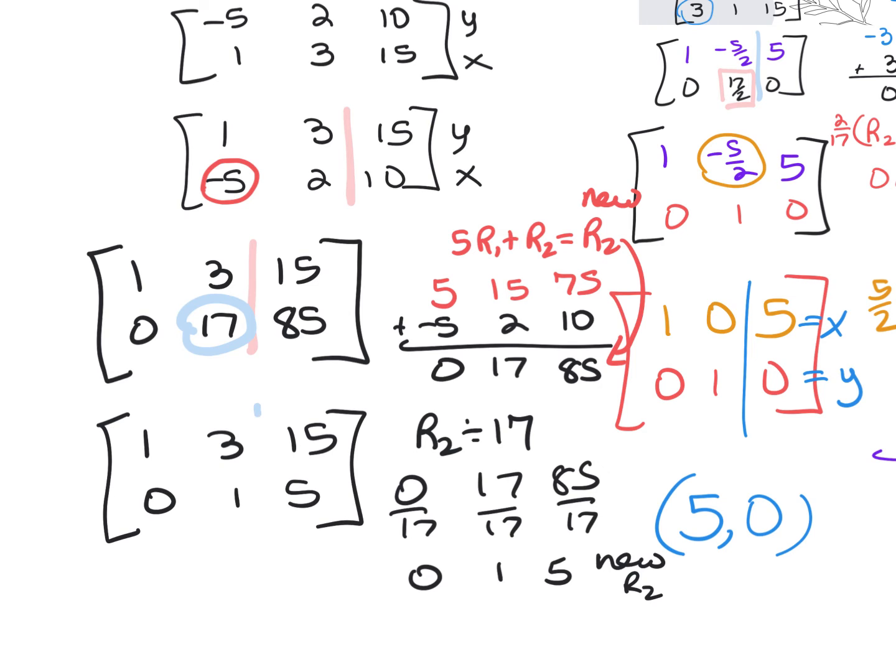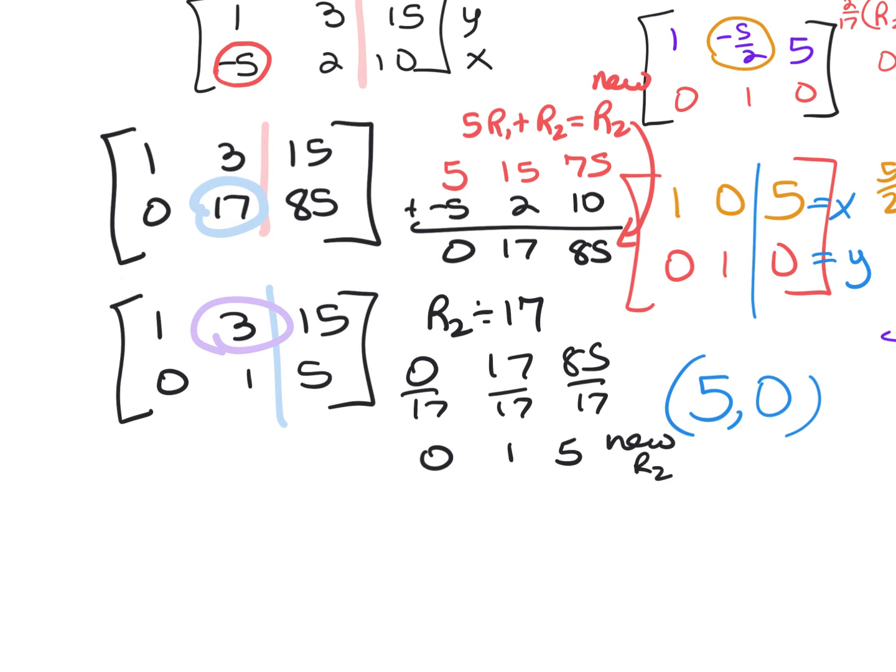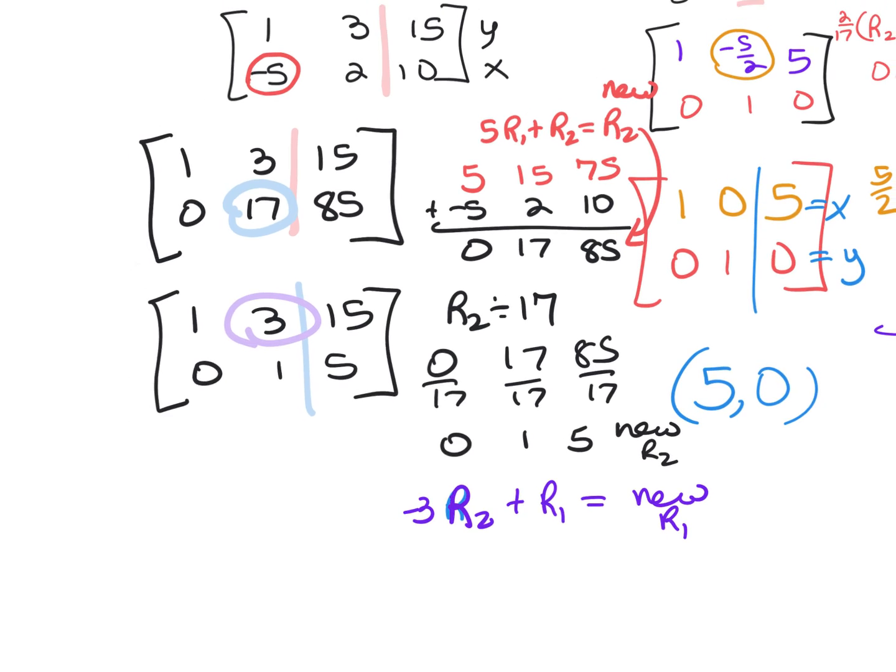I have one last step. I need to change this 3 to a 0. And the way that I'm going to do that is just now use the same row that I just made become a 1. So this row 2, I'm going to multiply it by -3 and then add it to row 1 to get my new row 1.